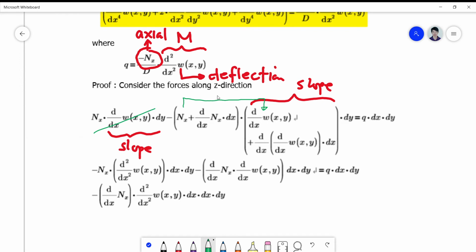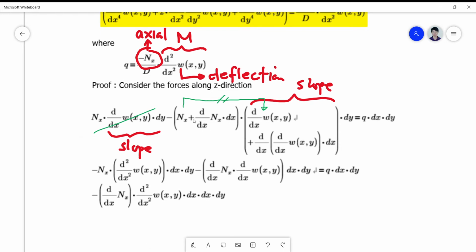So these two values here cancel out. What remains are still three expressions, including of course your q dx dy.